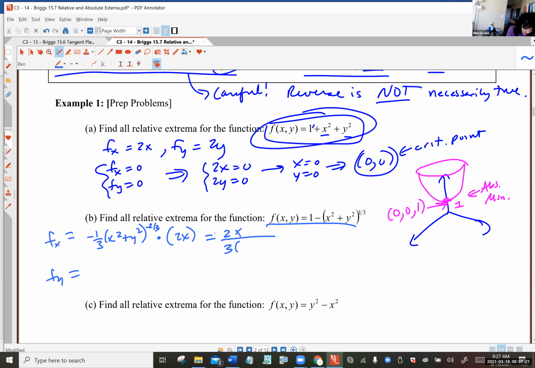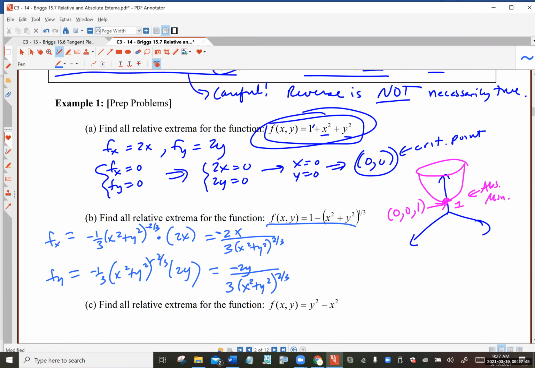When I rewrite this in terms of positive exponents, I get this. Okay, and I'll do the same thing to get the partial with respect to y. I end up getting negative 1/3 the quantity x squared plus y squared raised to the negative 2/3 power times 2y. I'll rewrite that with positive exponents also.